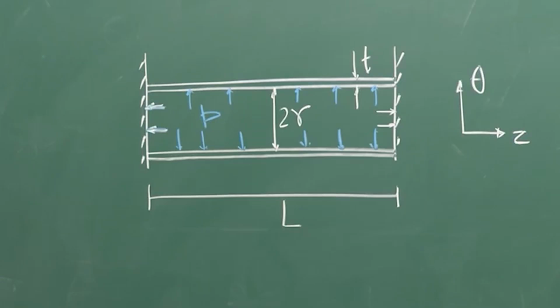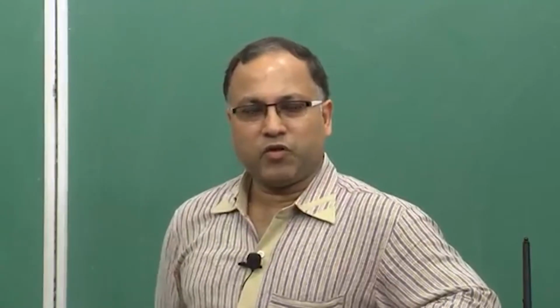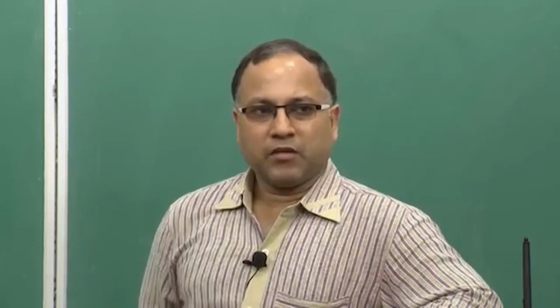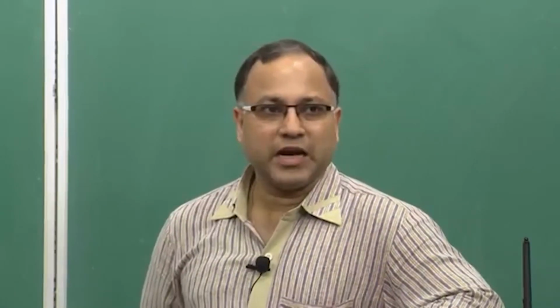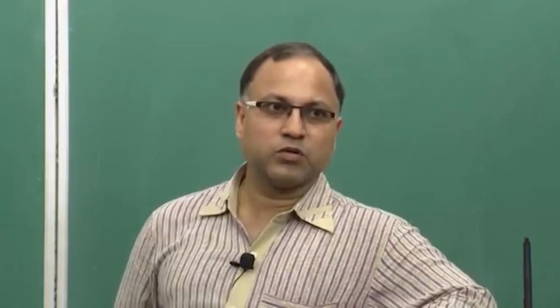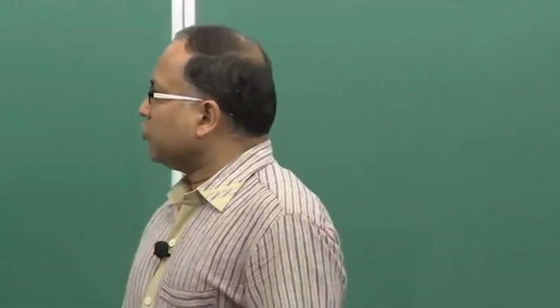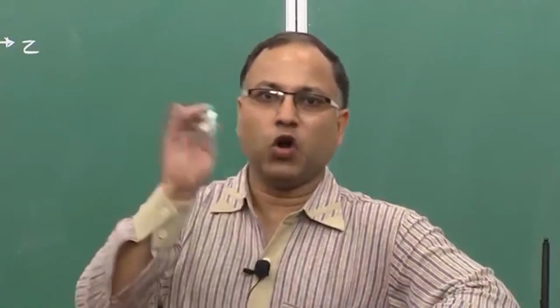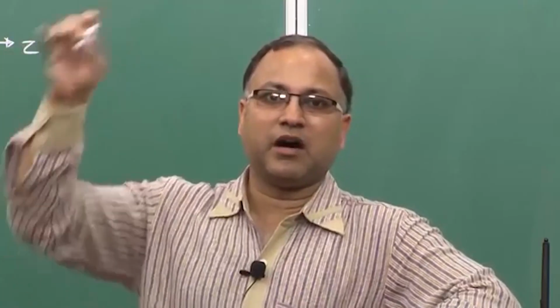Now, if you recall the discussion we made for the thin walled pressure vessel, that concept will be required here to find out the stress components in different directions, okay. I am not going to derive that, because if you apply the concept of thin walled pressure vessel, then you will get the stress components in all directions, that is sigma z, sigma r and sigma theta.